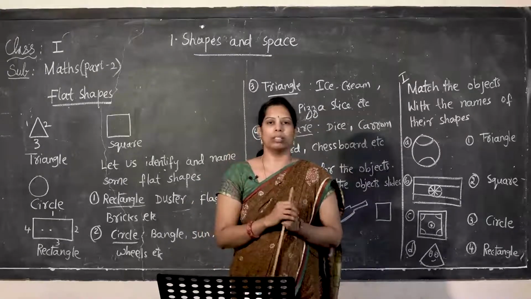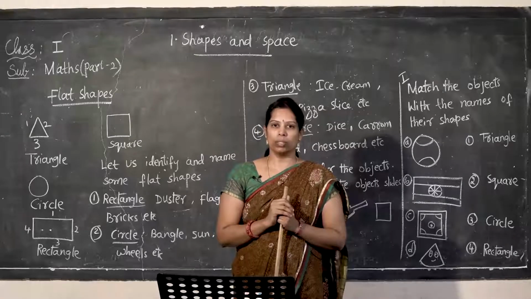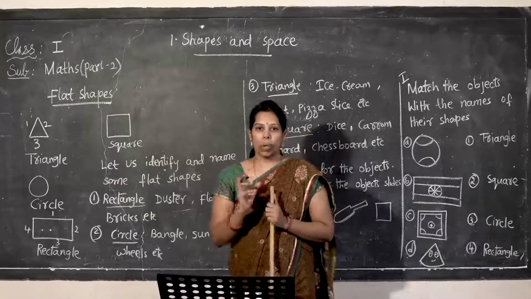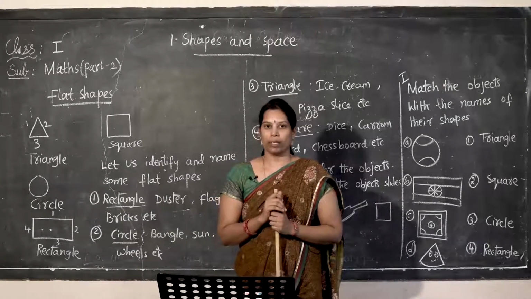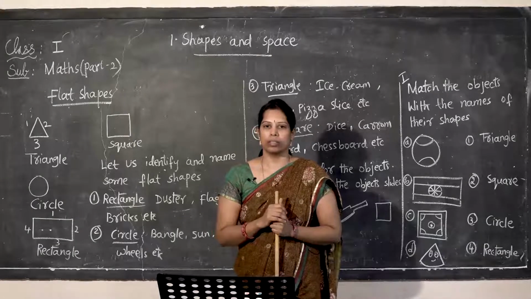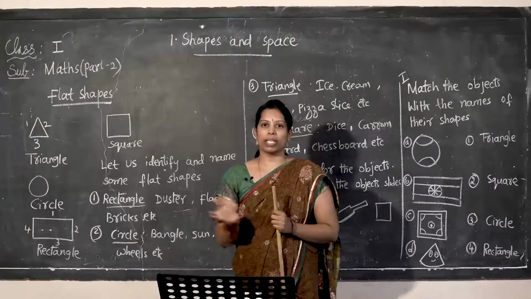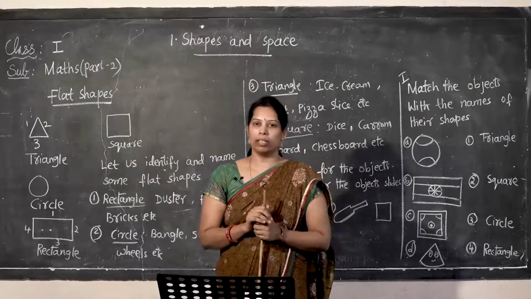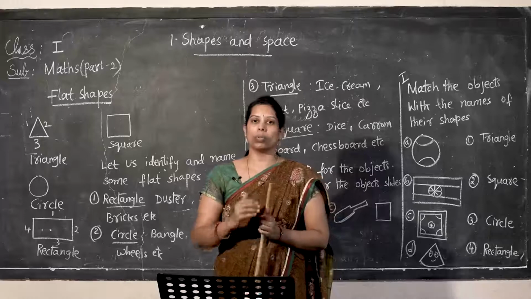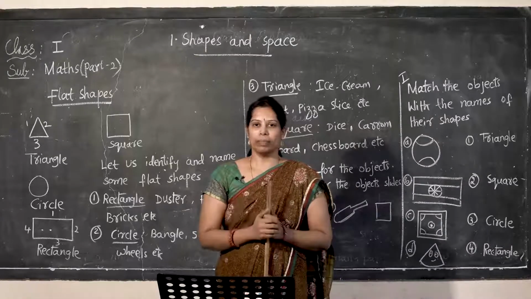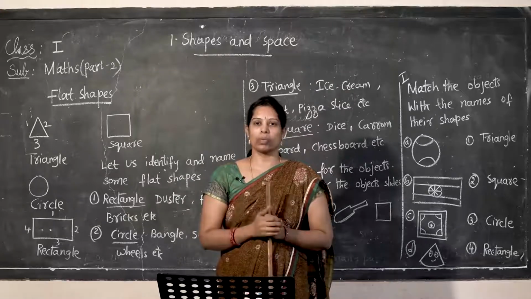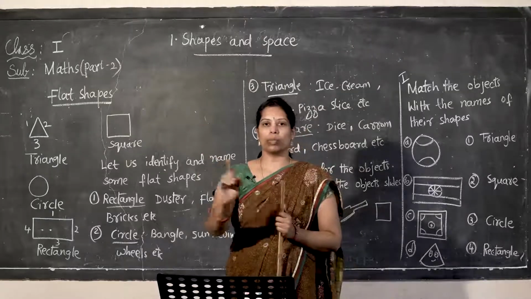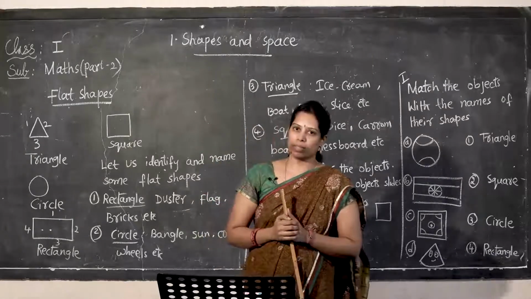Next, coming to sphere, ball, ball, coin, etc. Next, coming to cylinder, give some examples which are in cylinder shape: glass, candle, yes. Next, coming to cone, ice cream, yes, and the slices of watermelon.